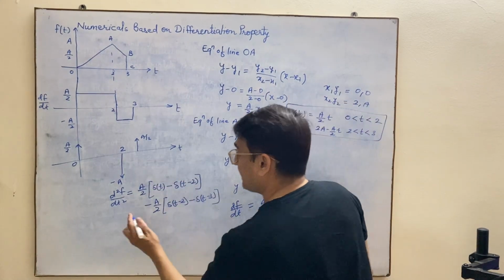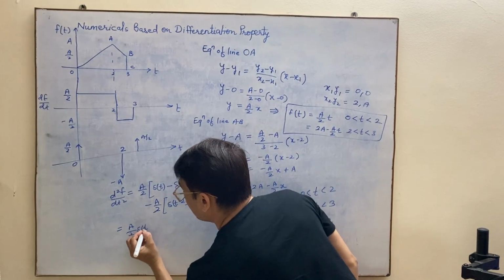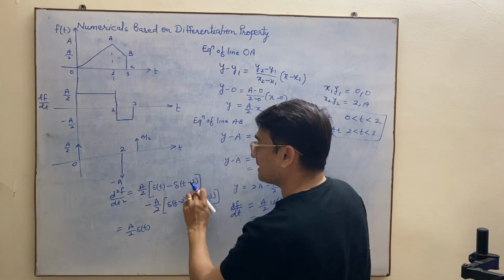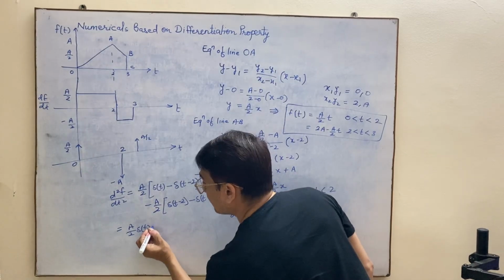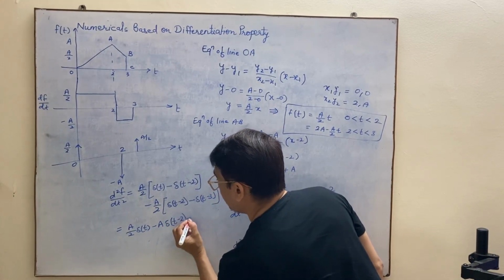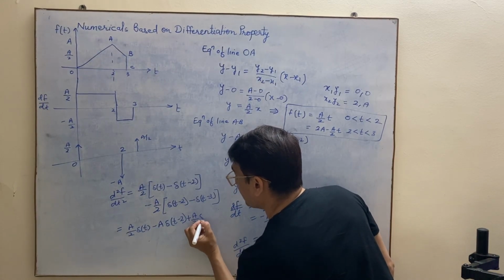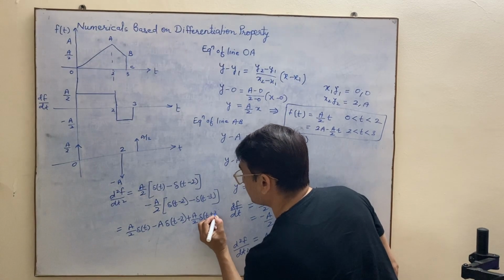So when you combine this, you will get a by 2 delta t minus a by 2 this and minus a by 2 this, you will get minus a delta t minus 2 and plus, minus and minus will become plus, so plus a by 2 delta t minus 3.